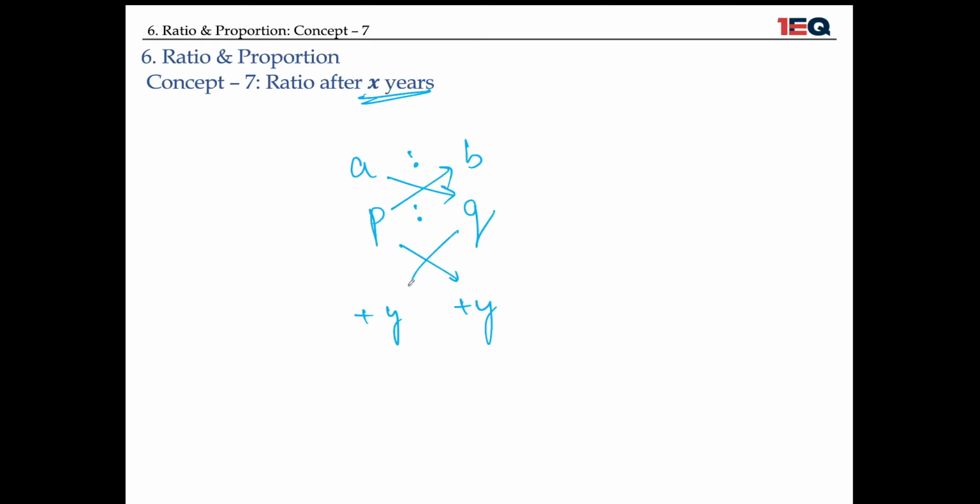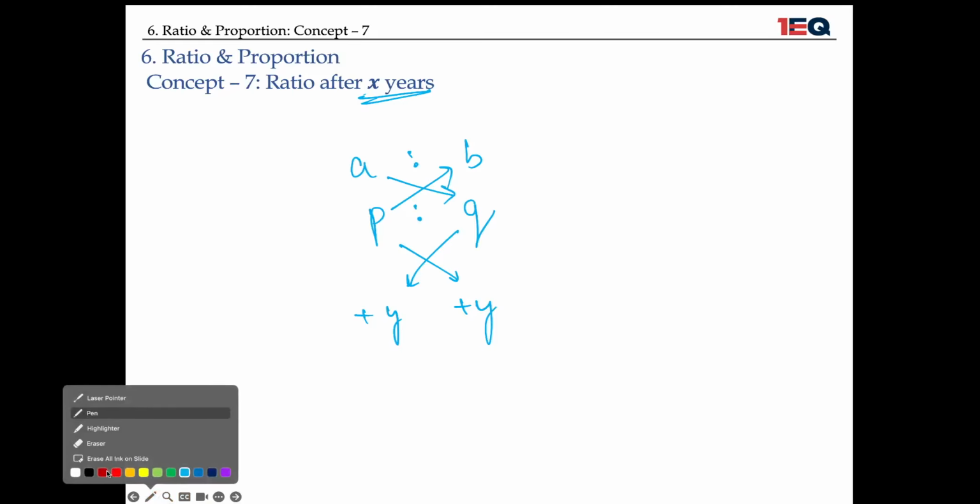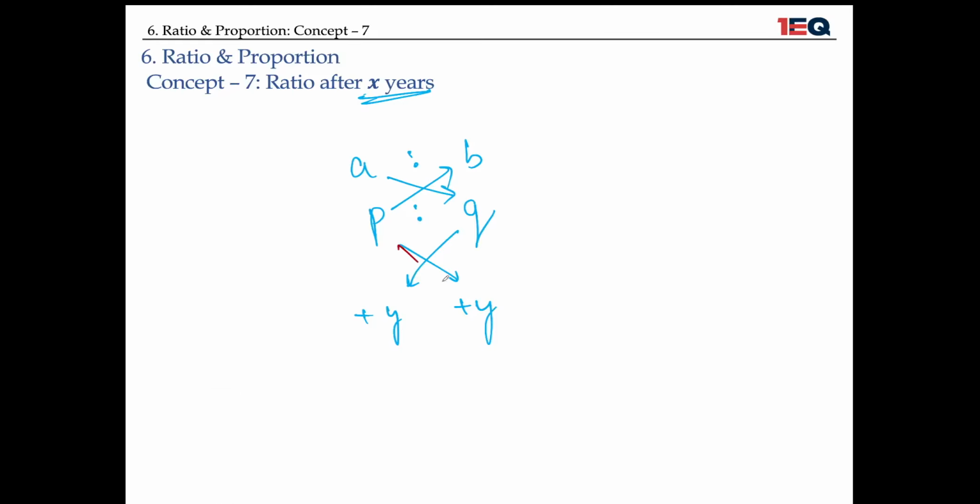Okay, this cross multiplication was taught to students in class 8th. I'm pretty sure you must have forgotten it by now because it was difficult at that time to understand. So what happens is, whatever is dealt with on the lower side becomes the numerator. Whatever is dealt with on the higher side becomes our denominator.